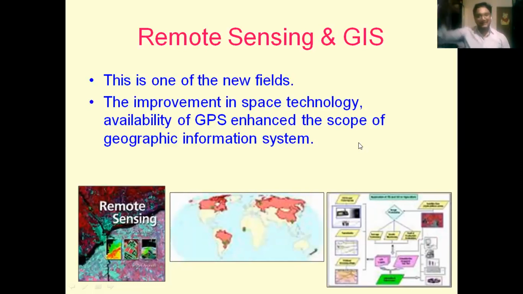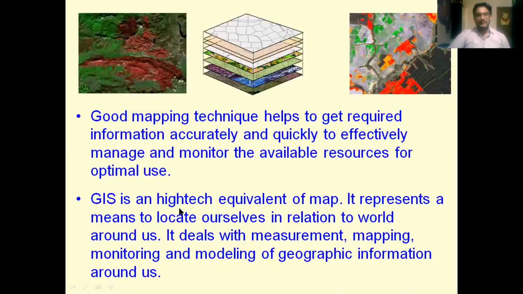There are satellites in the sky which sense the ground features and provide the required data in terms of soil, water, and whatever properties we require for our engineering knowledge. It also uses good mapping techniques and helps to get the required information accurately and quickly, to effectively manage and monitor the available resources for optimal use.